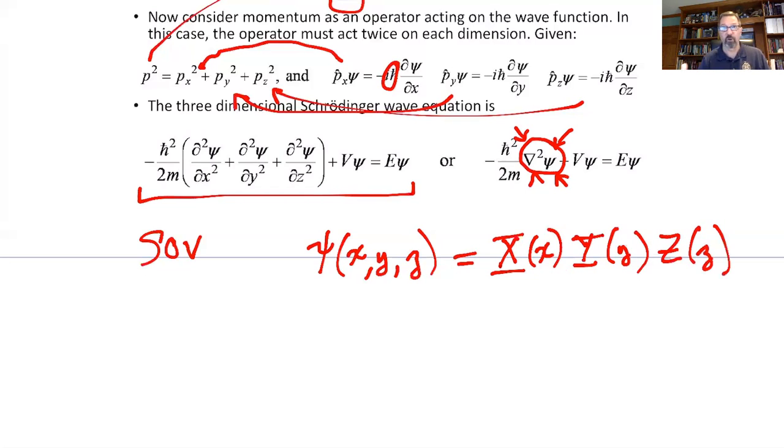That's the fundamental step to separating this differential equation out. Okay. If you can't do that, this is a really difficult equation to solve. In fact, maybe even impossible to solve. So that's our first equation, is that our overall solution can be separated out into a solution for x, a solution for y, and a solution for z.